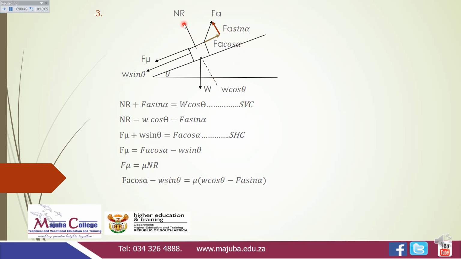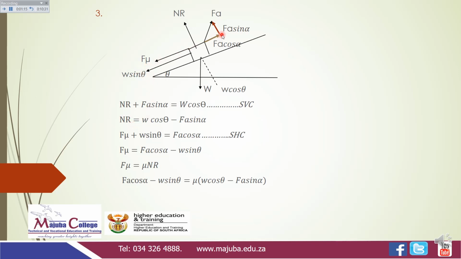Those will be the perpendicular forces. Now your NR together with FA, the sine of alpha, are towards your north, opposed by W, the cos of theta. So your NR will be equal to W, the cos of theta, minus FA, the sine of alpha, when you are making NR the subject of the formula.